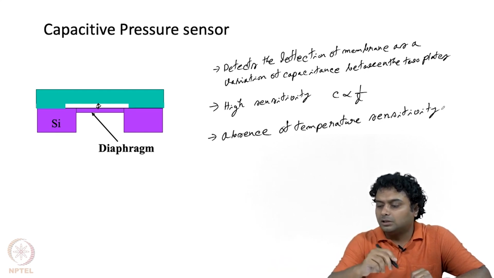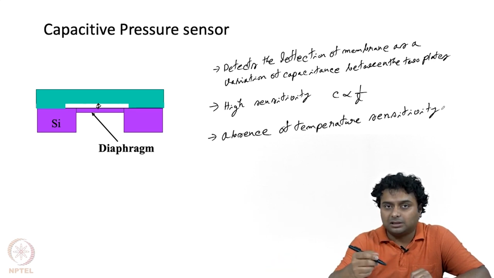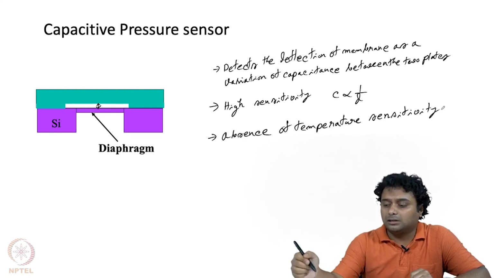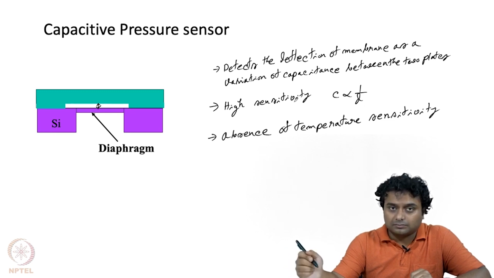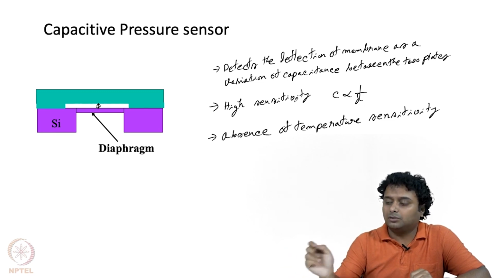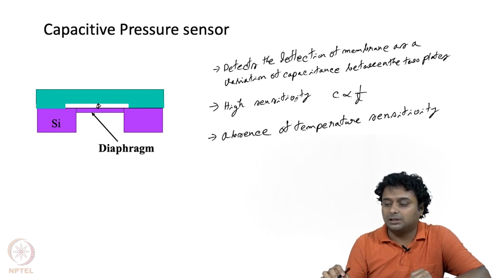If we assume that there is no effect of temperature on the deflection, that whatever the pressure, if we change the temperature there will be no change in the deflection, then pressure to deflection is not dependent on temperature. And according to our parallel plate capacitor formula, C equal to epsilon A by D, which is not dependent on any temperature term. So, we can consider this temperature insensitive.